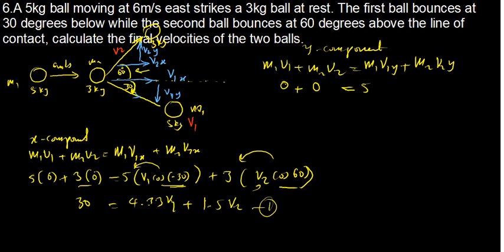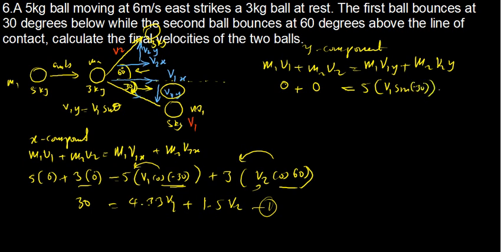Okay, and then v1y, how do we find this velocity in the y? Now considering this velocity, it is opposite to the angle, so we are going to use sine. So v1y is going to be v1 sine theta. So we are going to say 5, where there was v1y, we are going to put v1 sine. Now the theta is negative 30 for the first one.